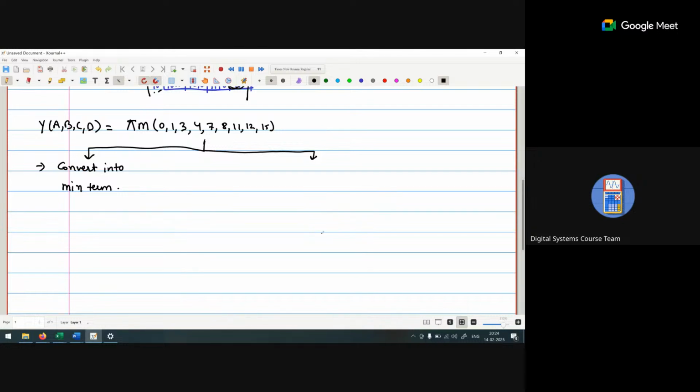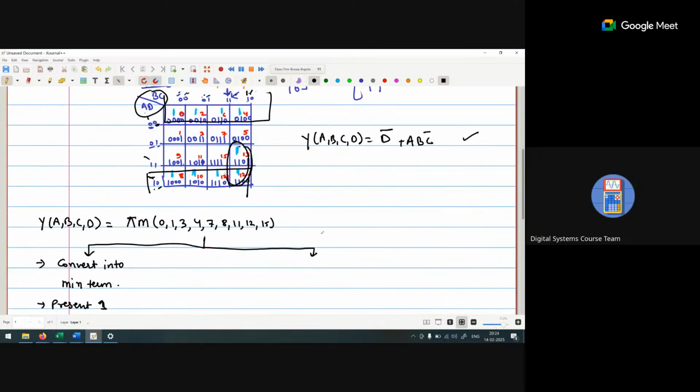Okay, then if it is a min term, represent 1, group, and then write the SOP form. That we already did.